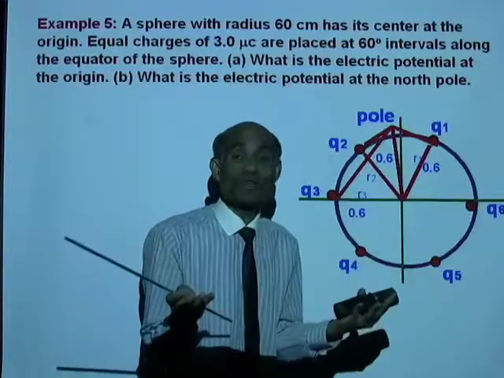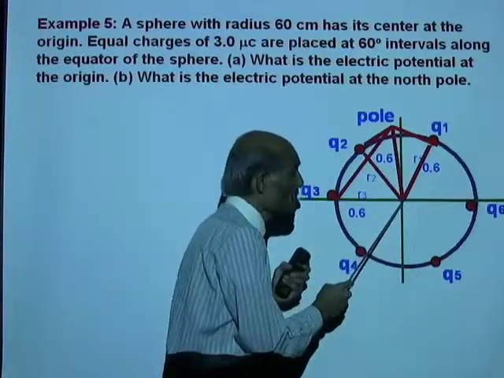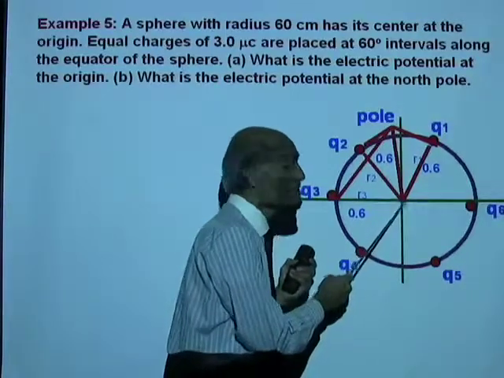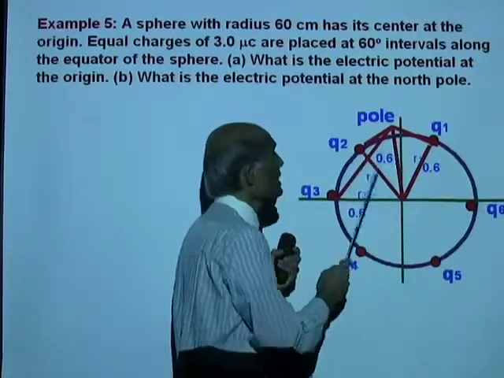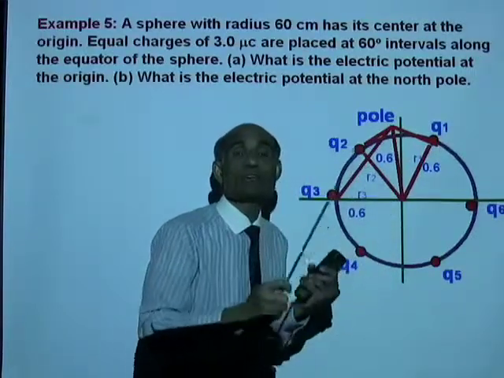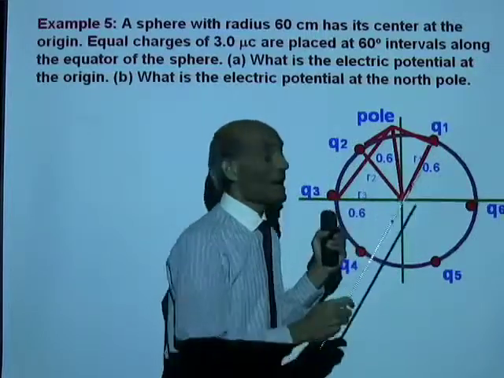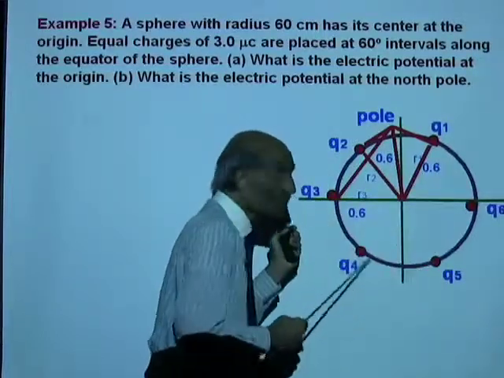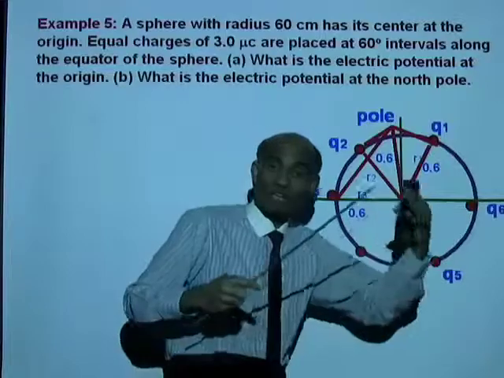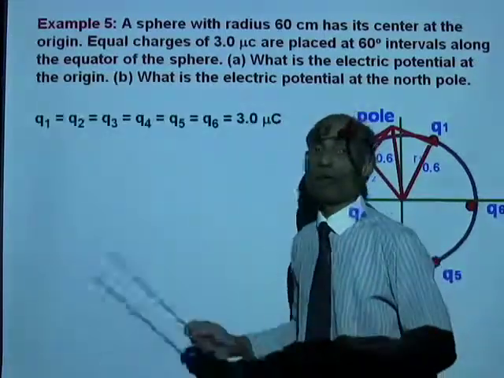So we know the distances of all the charges. We know all the charges. So all we need to do is find the potential at the center due to one charge, due to Q1, which will be kQ over r, r equal to 0.6, and then multiply that by 6. Is that right? Because each of them will contribute the same potential at the origin.